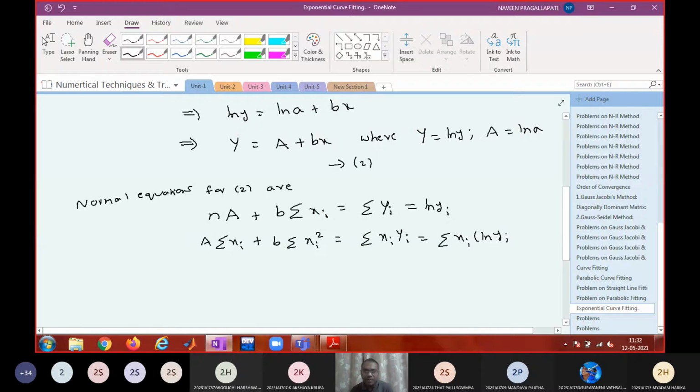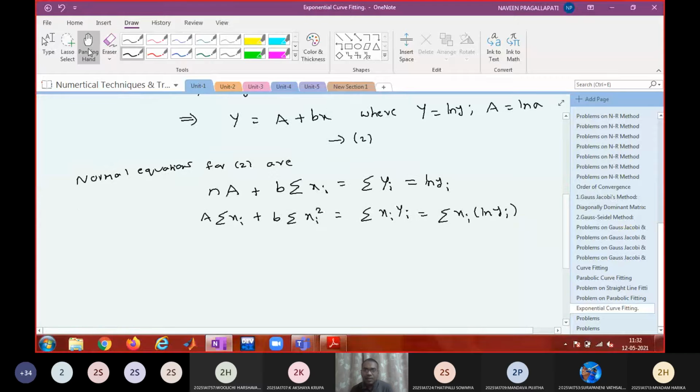So what are the columns you have to prepare? The x column will be given, so you can compute sigma xi. The y column will be given. Corresponding to the y column, you create a ln y column. Then you take the sum of that column, that gives sigma ln y.